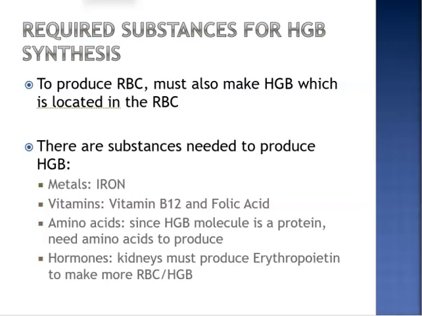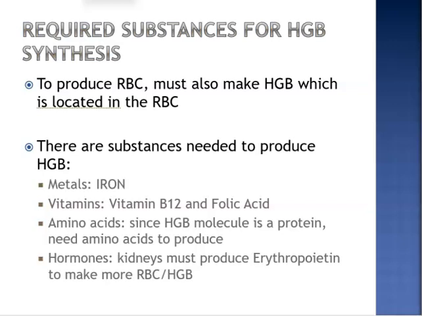So when we produce red blood cells, we also must make hemoglobin, because our hemoglobin is located inside our red blood cells. So what are the ingredients or substances needed to produce more hemoglobin? Well, we first need iron. Iron is a metal.